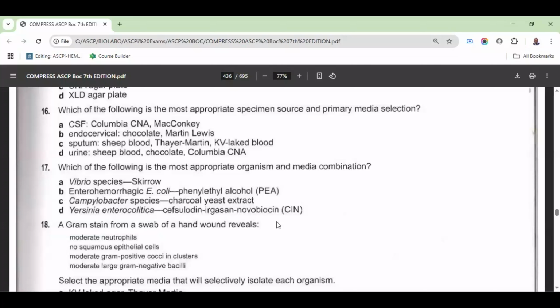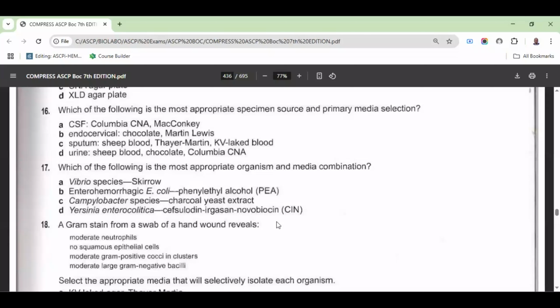Martin Lewis is good, and it can even grow on chocolate agar, but also others which can cause meningitis, including Haemophilus influenzae and Streptococcus pneumoniae. Streptococcus pneumoniae requires chocolate because it is a bit fastidious. Haemophilus influenzae is the same, it can also grow on chocolate agar, and Martin Lewis can support Neisseria meningitidis.